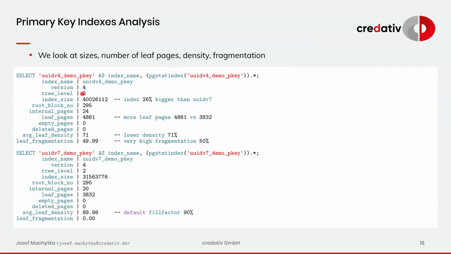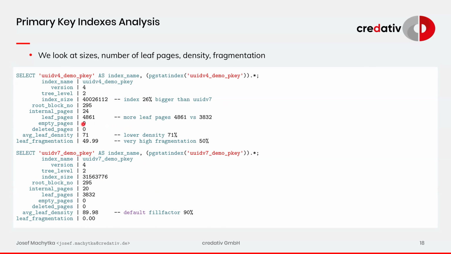So what we can immediately see here, this third line is important. It is index size. So when we look at index sizes, we can see that the primary key index on UUID version 4 is around 26% bigger than on UUID version 7.